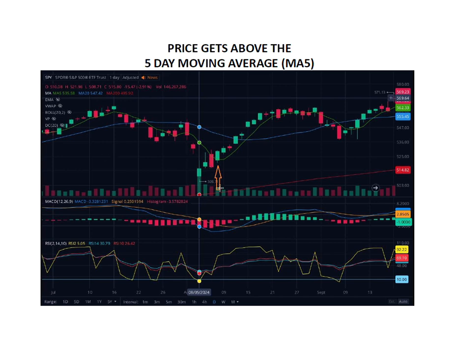So what you can see here is this orange arrow that I've added. We closed a good ways above the MA5.